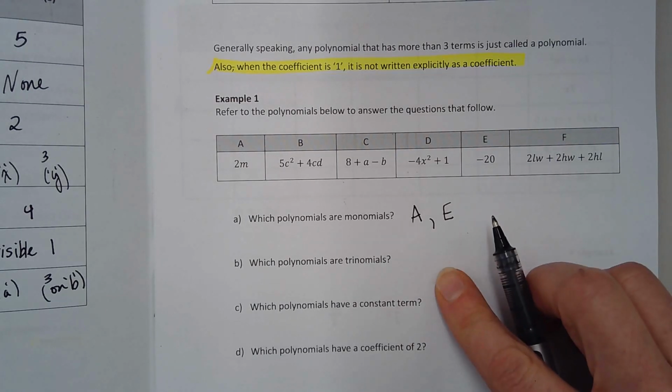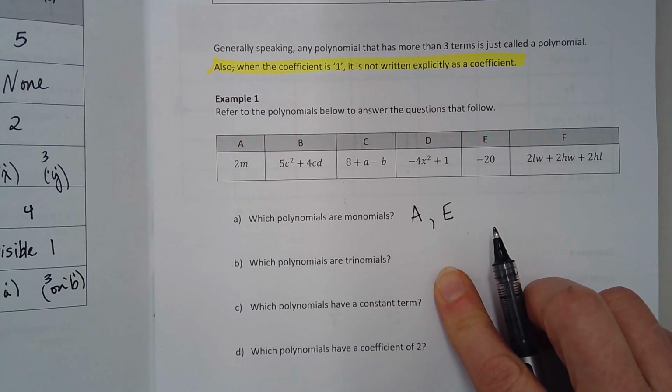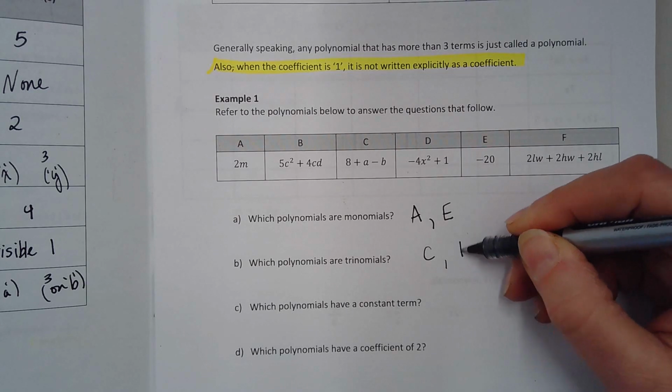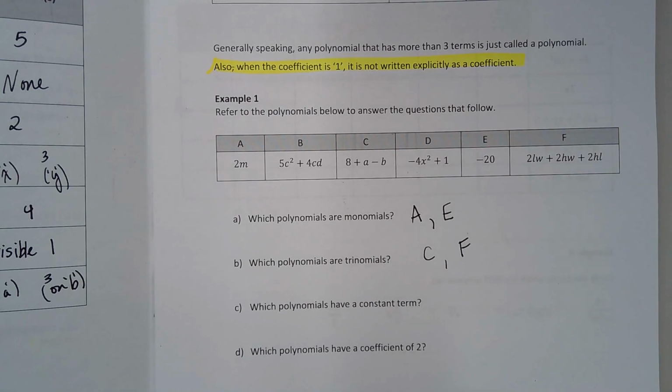Okay, what about trinomials? C and F, I agree. C and F, right? Does anyone recognize F? F is a formula. No? This is the surface area of a rectangle formula.